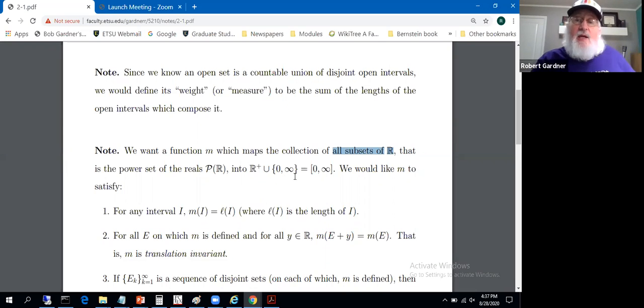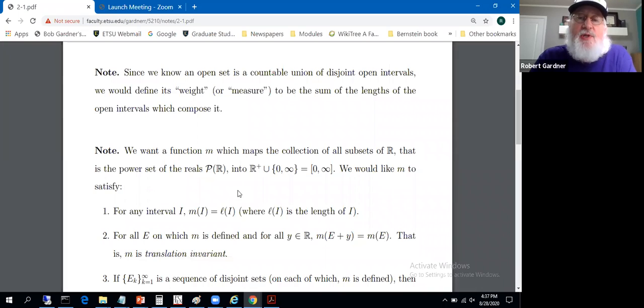If you like, and well, even if you object, and I object a little bit, this is denoted as the closed interval from 0 to infinity, including infinity. We're in the extended real numbers here. There's some information on that in chapter 1. As long as we don't do arithmetic with the infinity symbol, we can use it as an image of certain kinds of sets under this mapping m.